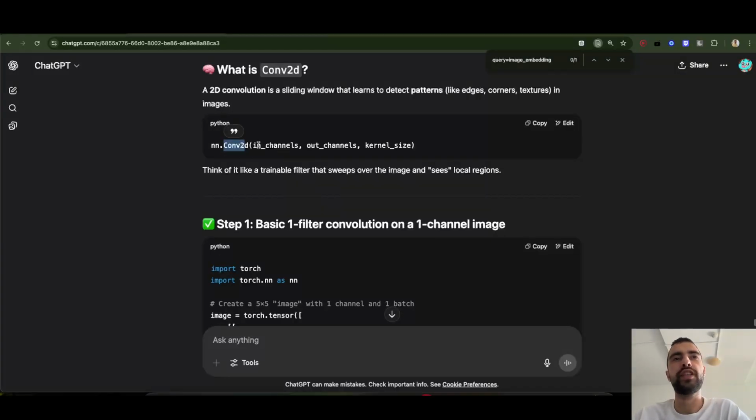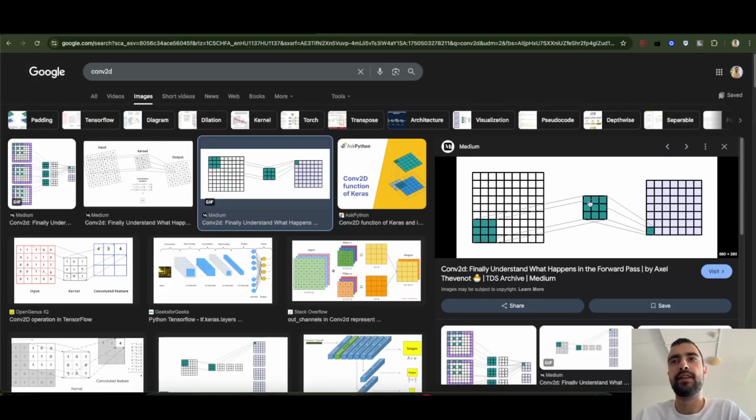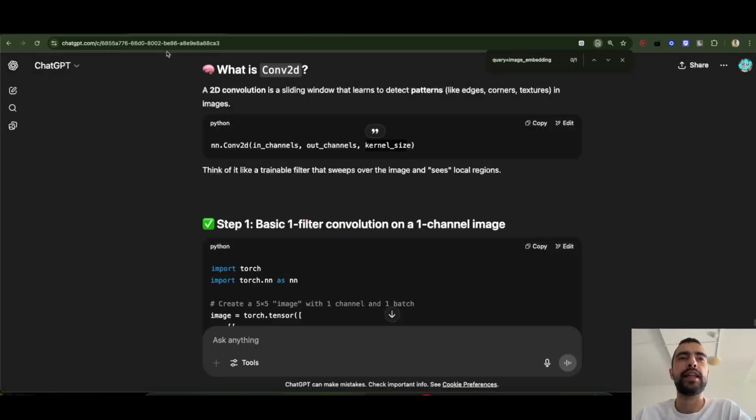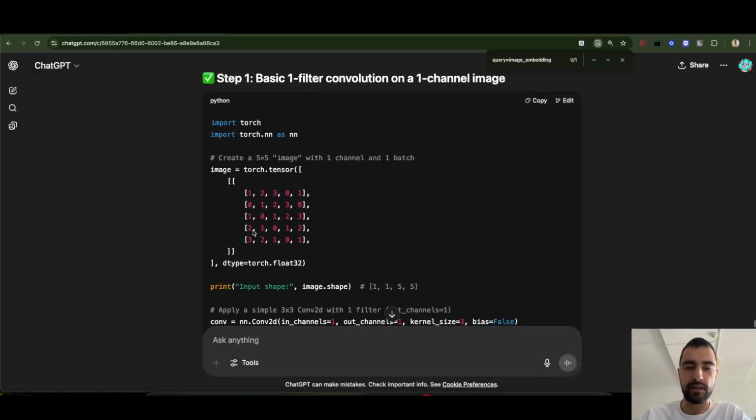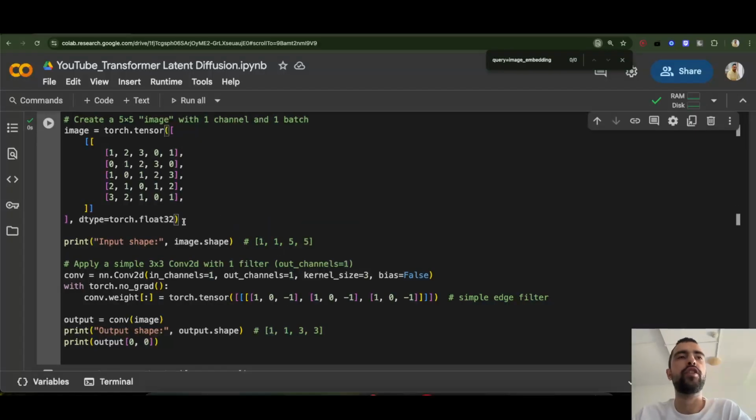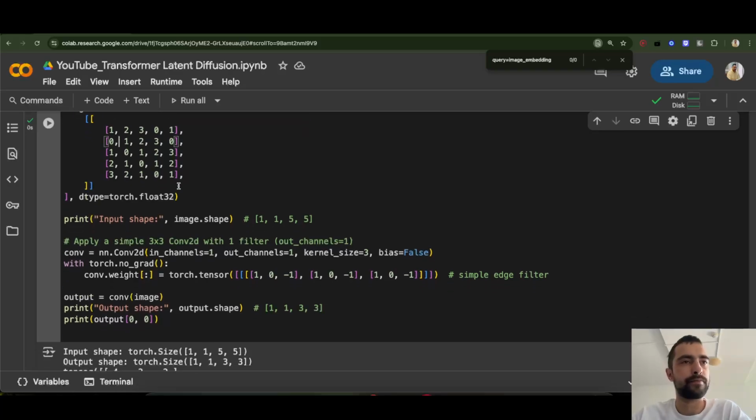So conv2D takes in channels, out channels, and kernel size. This is the kernel size. Let's see this piece of code to understand it better. Let's say we got this image. So these are, let's say, some pixel values or something. And it has 5 rows, 5 columns. Okay.